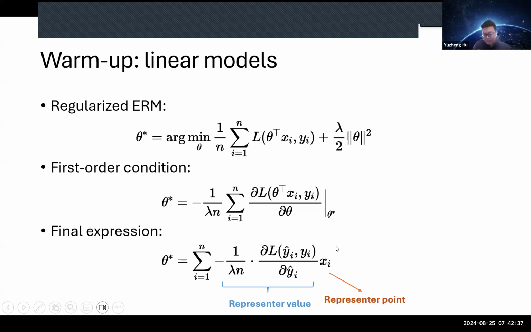Since different xi are just called the representative points in these very simple linear models, their corresponding coefficient is basically the partial derivative of the loss with respect to the model's prediction, multiplied by some scaling terms. This is called a representative value. You can interpret it as how each sample contributes to the final model. So at a high level, this is how we perform representative point selection.